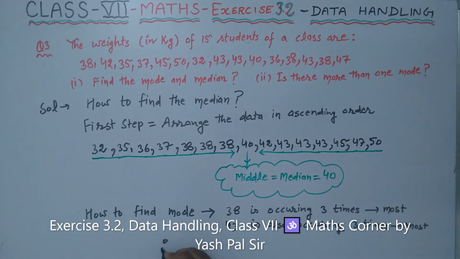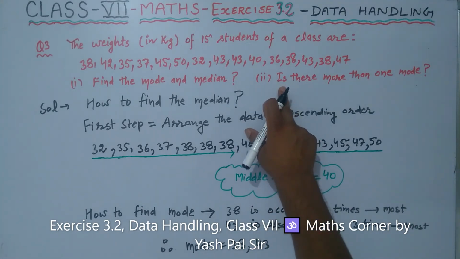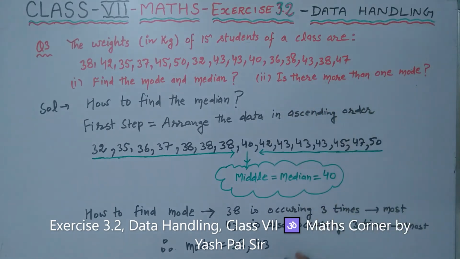So we say mode is equal to 38, 43. Okay, what is mode? Mode is 38 as well as 43. Meaning to say there are 2 modes. So answer to part number 2. Is this clear? Is there more than one mode? Yes, there are more than one mode.